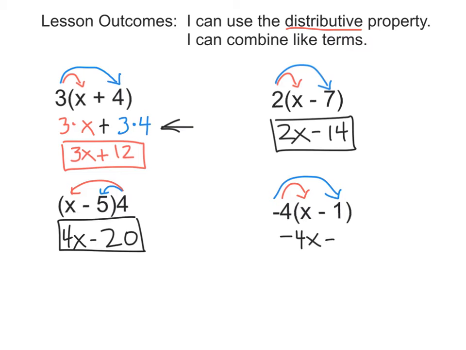And then we multiply negative 4 times 1, which is negative 4. Now you'll notice you have a negative 4 now right here, right? When you're adding and subtracting, a negative makes a plus. So if we wanted to rewrite that, we could have negative 4x plus 4.